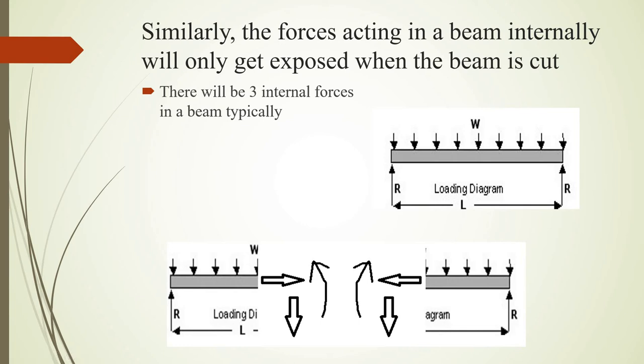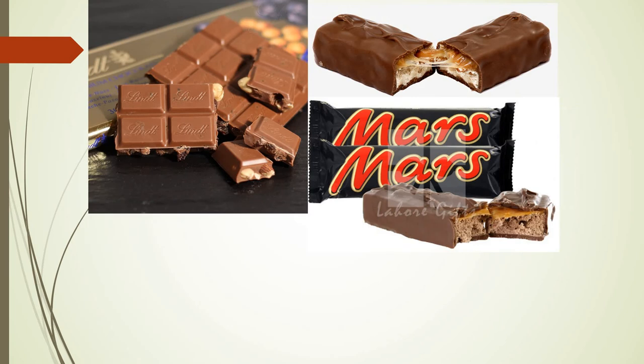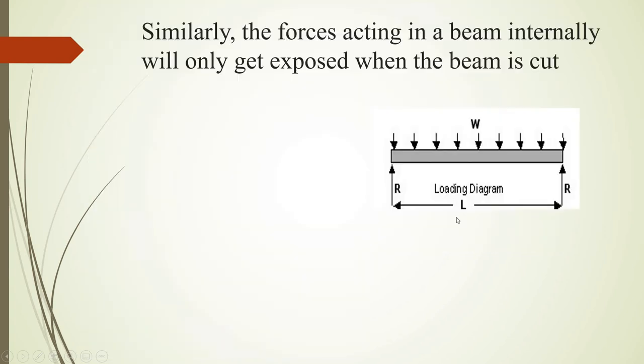Then there is this perpendicular force, called shear force, and then there is the bending moment. You can see identical forces on the other side of the beam. Both sections show similar internal forces, just like the chocolates, which had similar internal forces on either side.